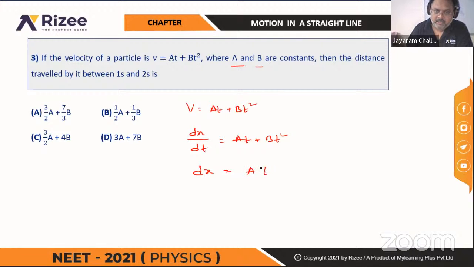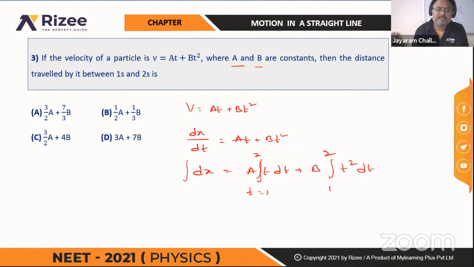So a into the integral of t dt within the time frame of 1 to 2 seconds, plus b into the integral of t square dt in the time interval of 1 to 2 seconds.